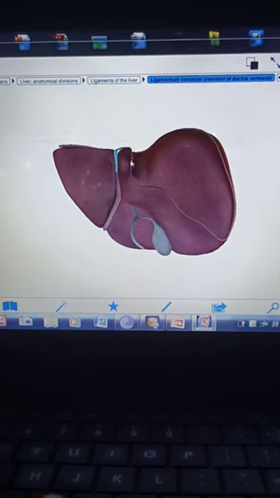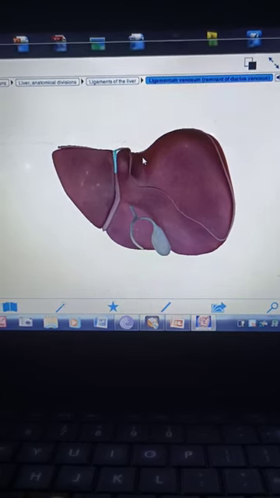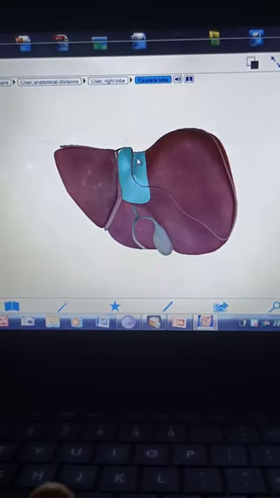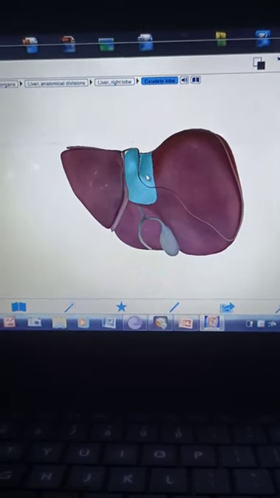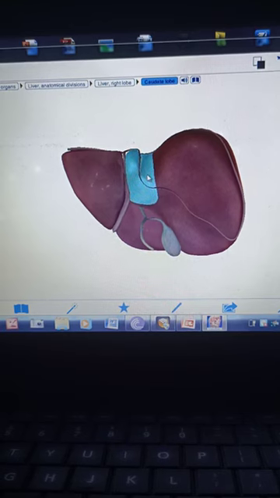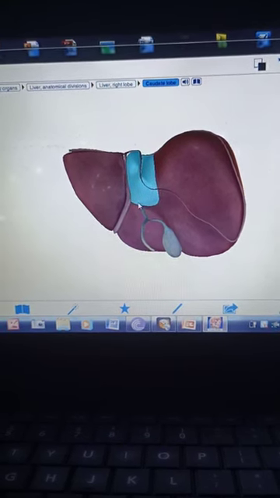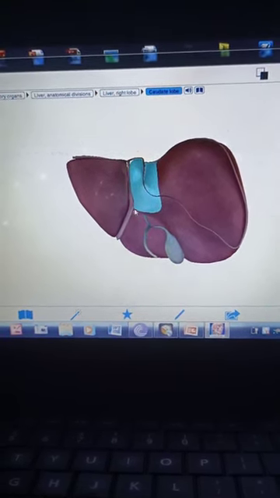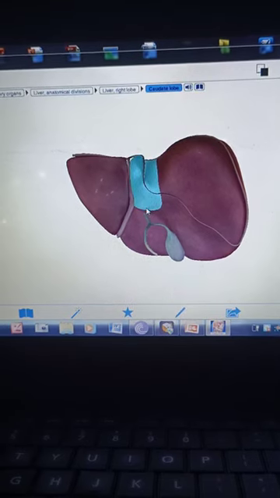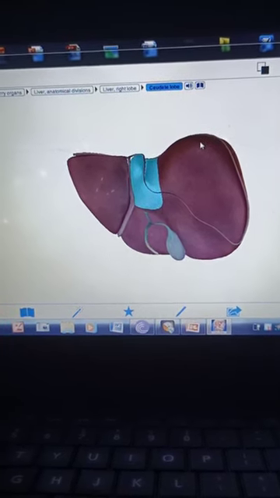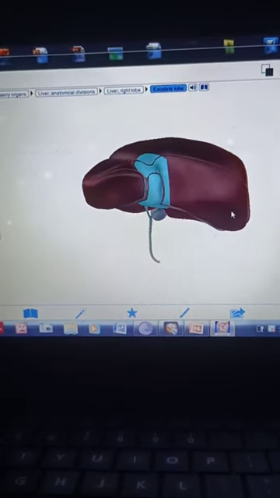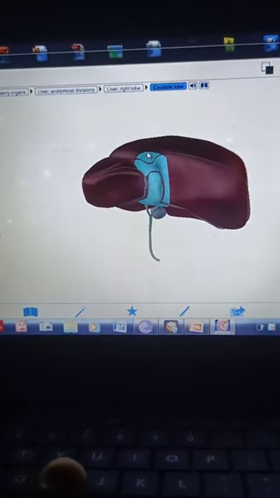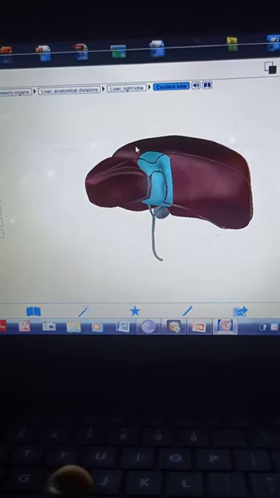On the right side of the caudate lobe you can see a groove-like area, and this groove is for the inferior vena cava. The groove is formed by the impression or location of the inferior vena cava. Then just below this you can see the area of the porta hepatis. So while taking the boundary of the caudate lobe, superiorly it is continuous with the superior surface of the liver.